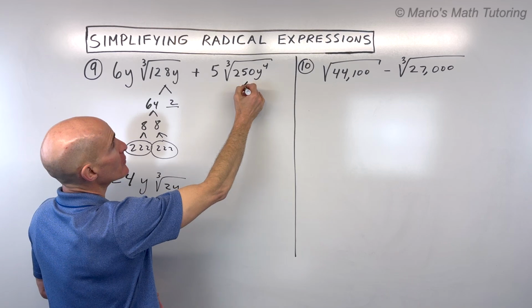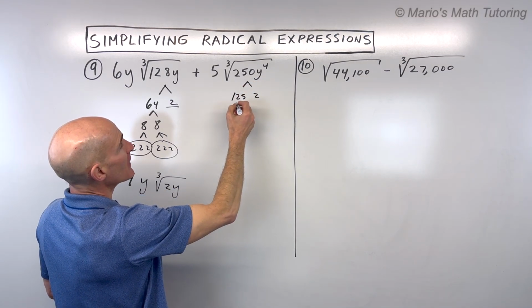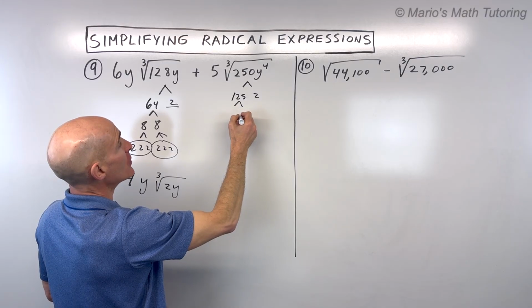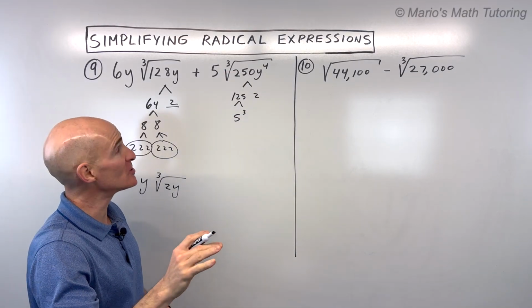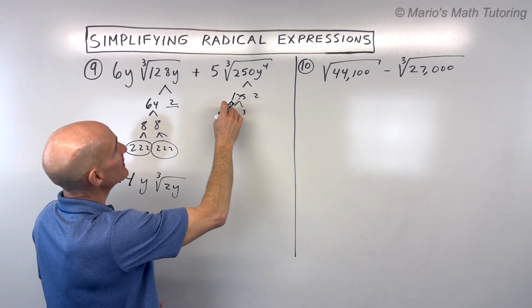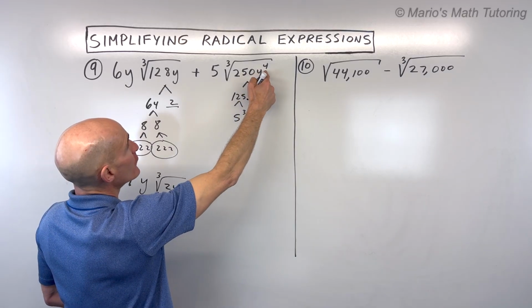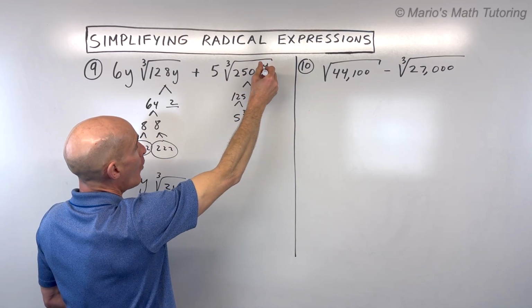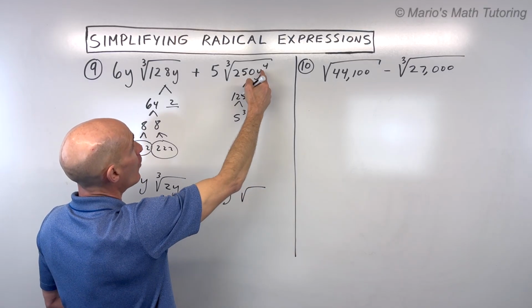Over here with the 250, I can see that this is 125 times 2, and 125 I know is actually 5 cubed. And the cube and the cube root, those are inverses. They undo each other. That's just going to give us 5 times this 5 is 25. Now y to the 4, 3 goes into 4 once, so that comes out in front with 1y left over.